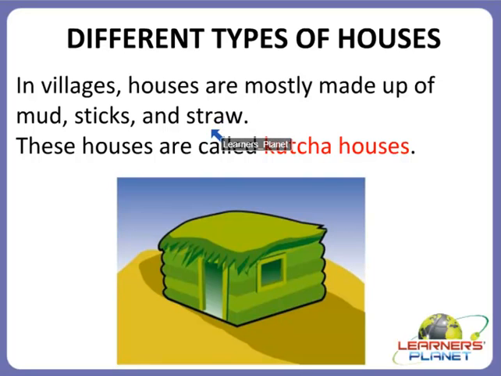So children, these houses are called kacha houses. We can see in this picture, this is a kacha house. They are not very strong. Why are they not very strong? Because they are made up of mud, sticks and straw.